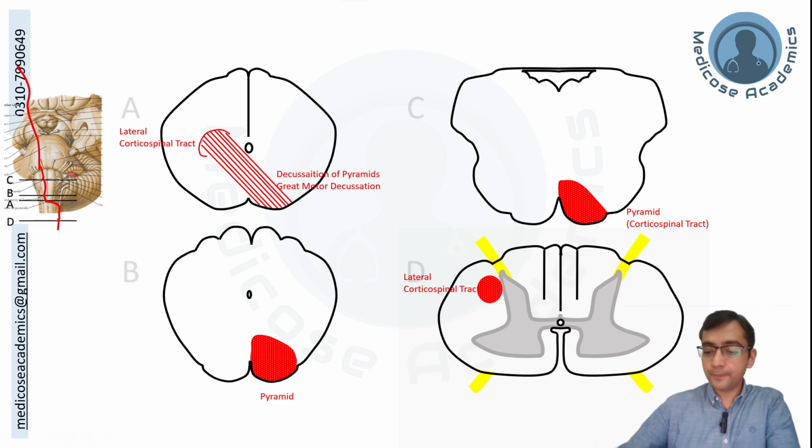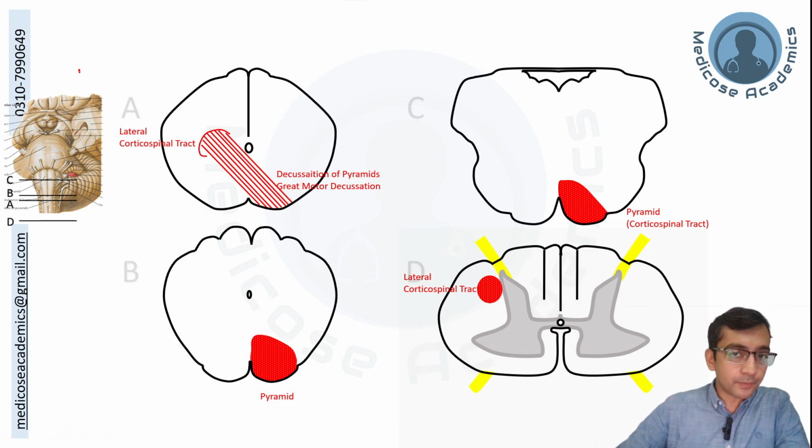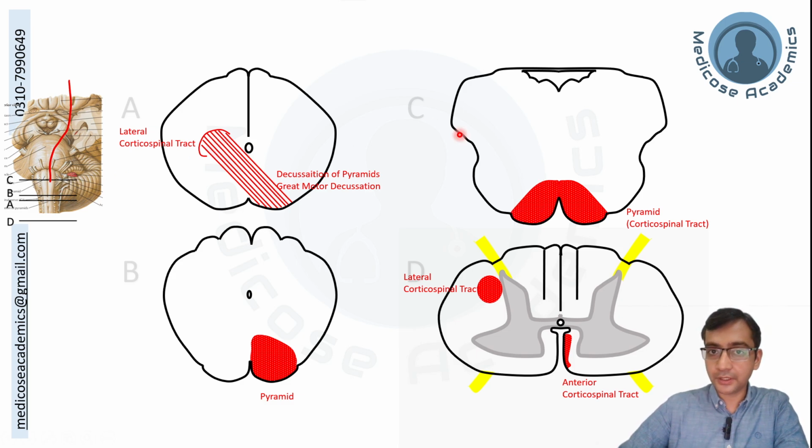Let me repeat it again. The corticospinal tract comes down from the crus cerebri, from the base of the pons, and the pyramid shown here. It comes down in the pyramid.